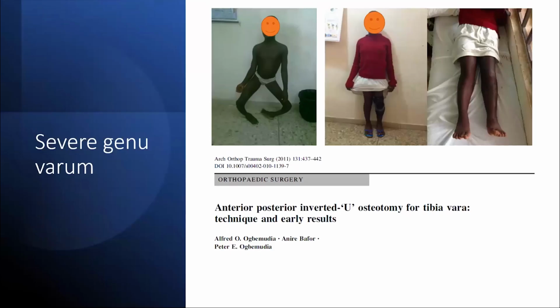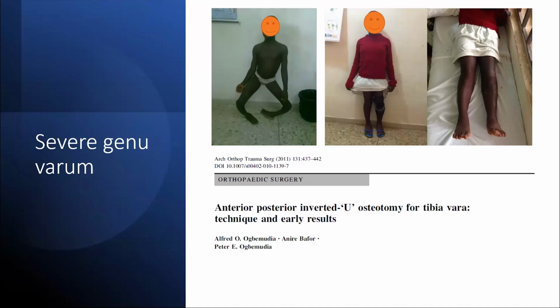Another example is a patient with this severe angular deformity of the knee with rotational component. Here, we actually published this technique, I think, in 2011.